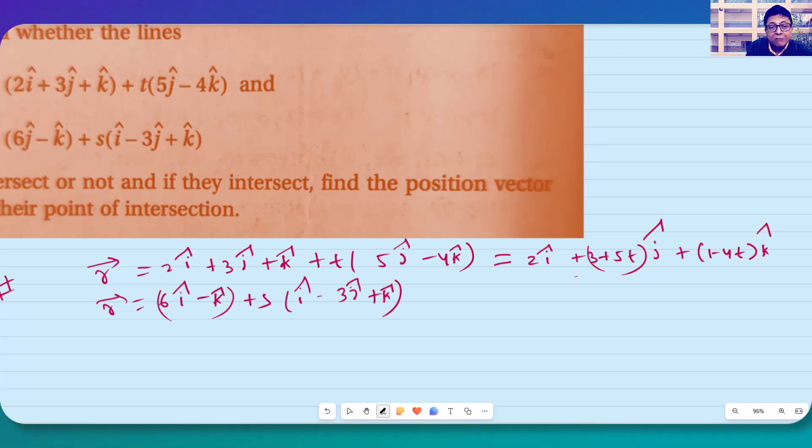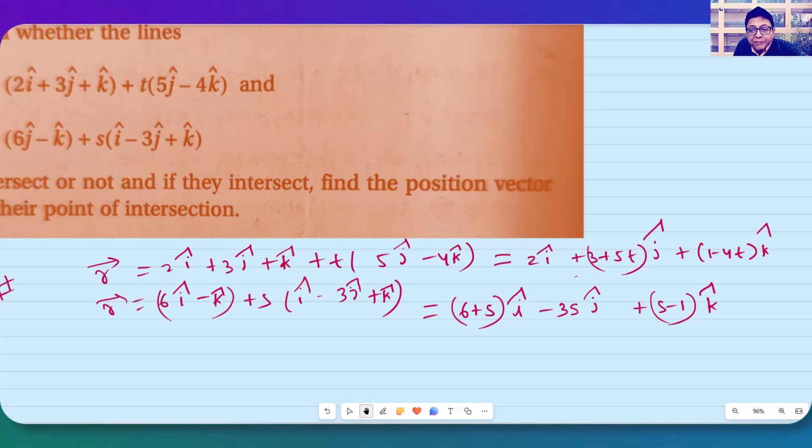Okay. And for this one, 6 plus s is i cap, minus 3s is j cap, s minus 1 is k cap.